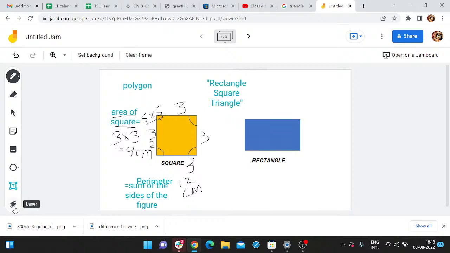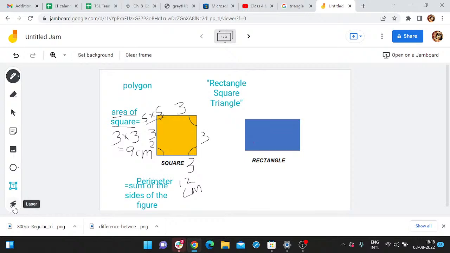For a rectangle, the perimeter is going to be the same, because the perimeter of any figure is the sum of the lengths of the sides. So the perimeter is found the same way, we just need to know the lengths of the sides, and then we can find it. We are going to find the area of the rectangle later.